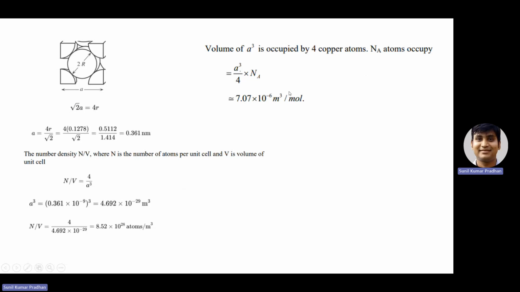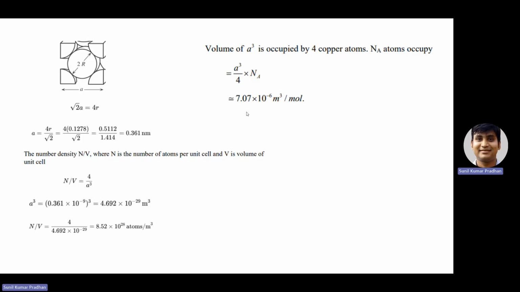Na is nothing but your Avogadro's number, that is 6.023 into 10 to the power 23. A stands for Avogadro. So if you calculate here, it comes close to 7.07 into 10 to the power minus 6 meter cube per mole. So this is the answer for the first question.